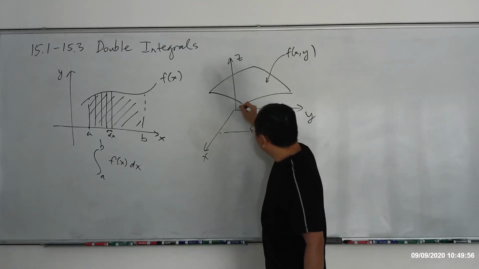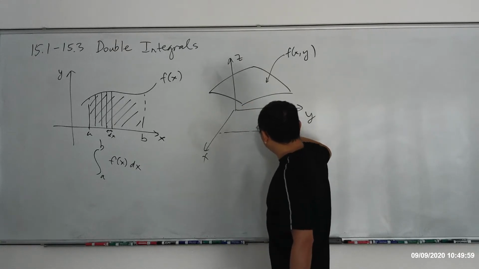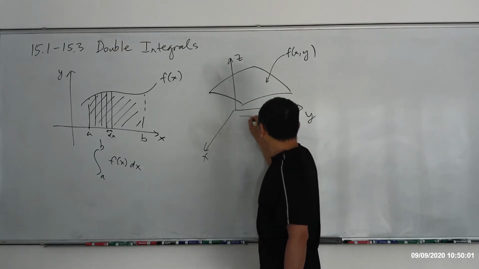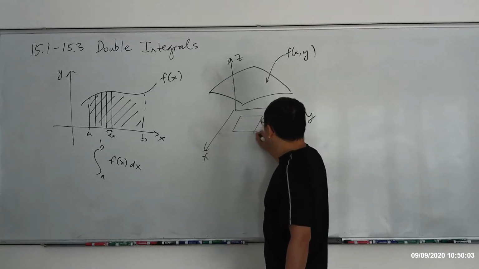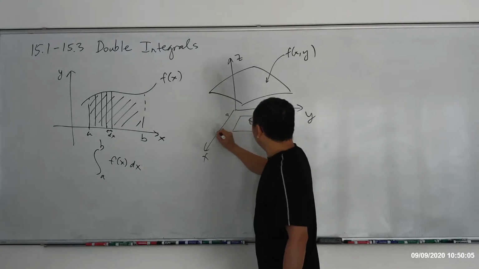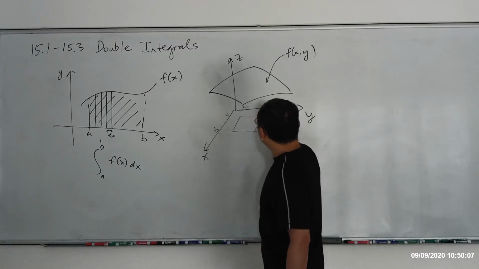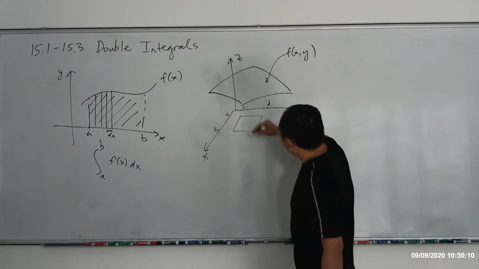Say x runs from, let me make it a little bit more general, from a to b for x, and then y runs from c to d. So this is what I'm talking about.